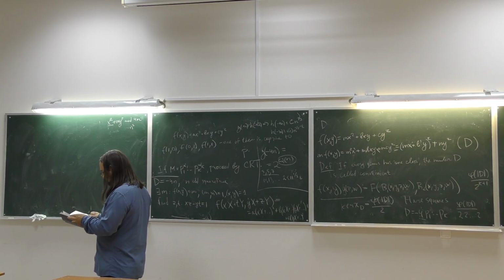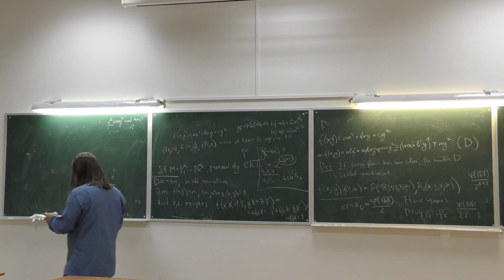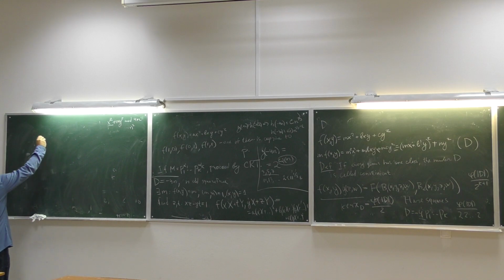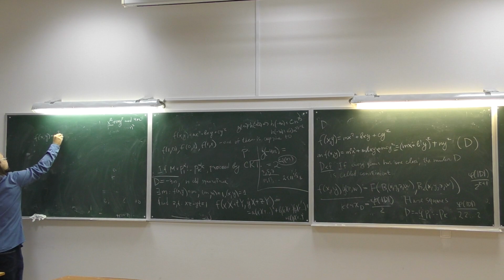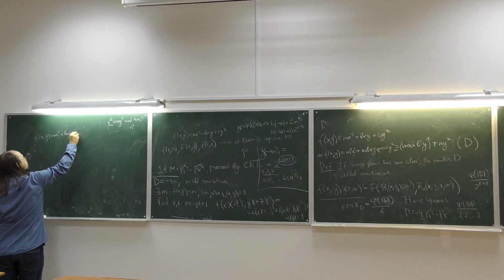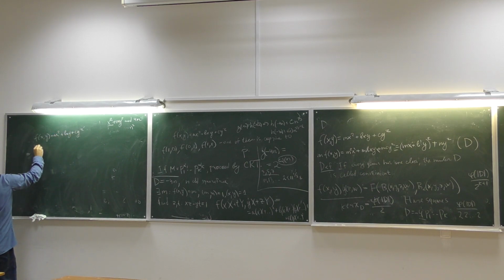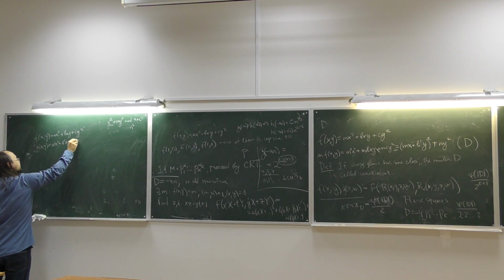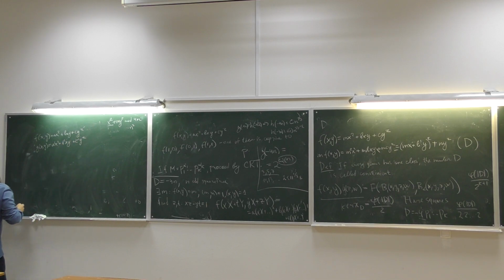If you have two quadratic forms, say f of xy is equal to ax squared plus bxy plus cy squared, and g of xy is equal to a prime x squared plus b prime xy plus c prime y squared, then the composition works as follows.